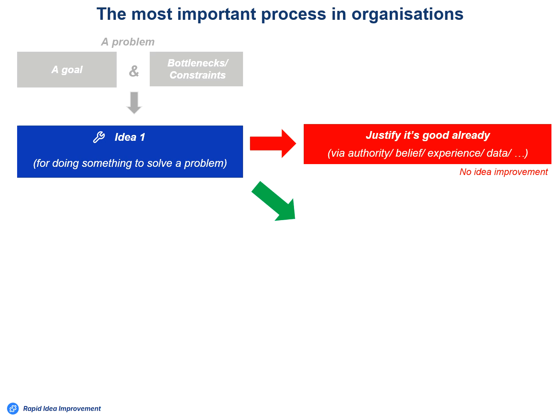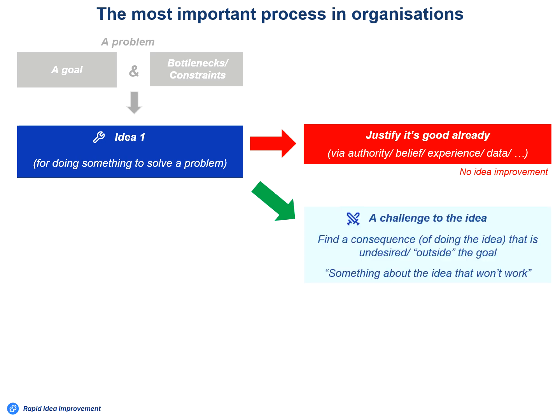We typically do that via appeal to authority or our belief in the solution or experience that has to justify the solution or data. And that is obviously no idea improvement because you're literally saying that the idea is already good enough. So why would you improve it? That's the one route that is not fruitful for idea improvement.